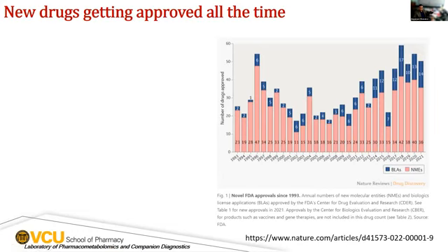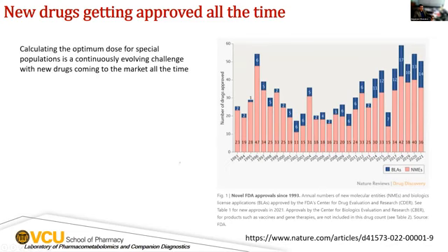So on the one hand, we have standard medications or legacy medications that need to be adapted for different populations. And on the other hand, we are getting new medications coming into the market all the time.